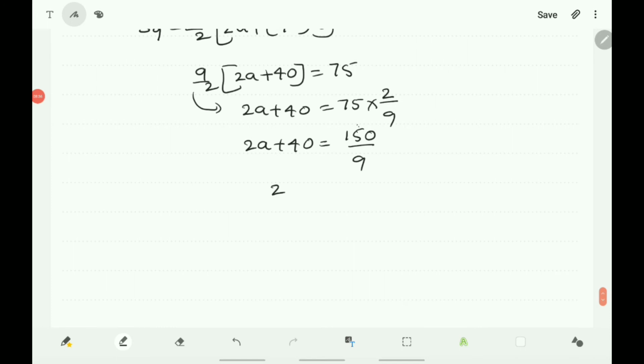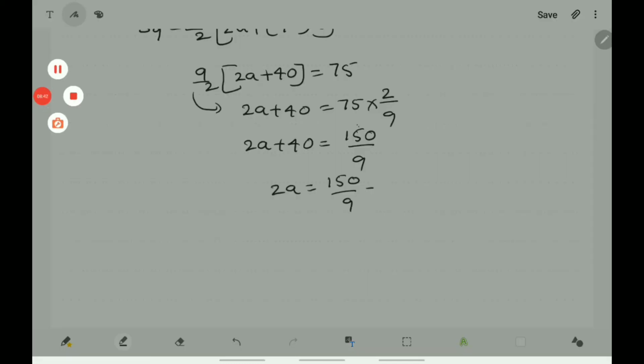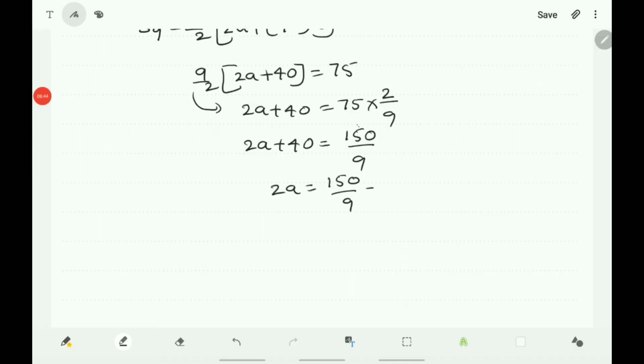That is, 2a is equal to 150 by 9 minus 40. So 2a is equal to, if you take the LCM 9, 150 minus 40 into 9, which is 360.